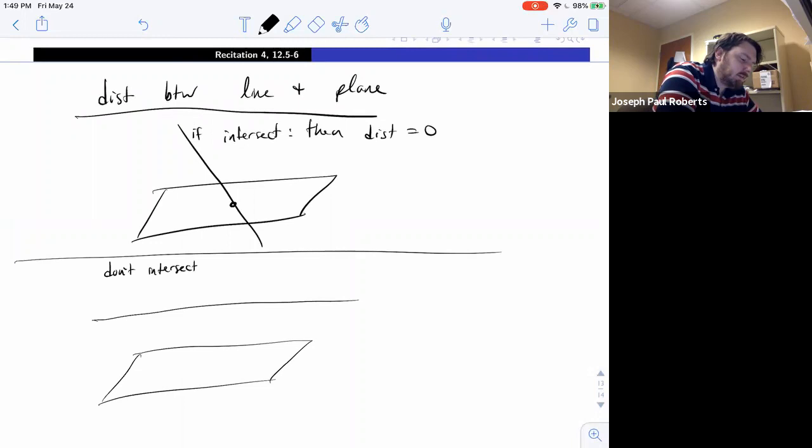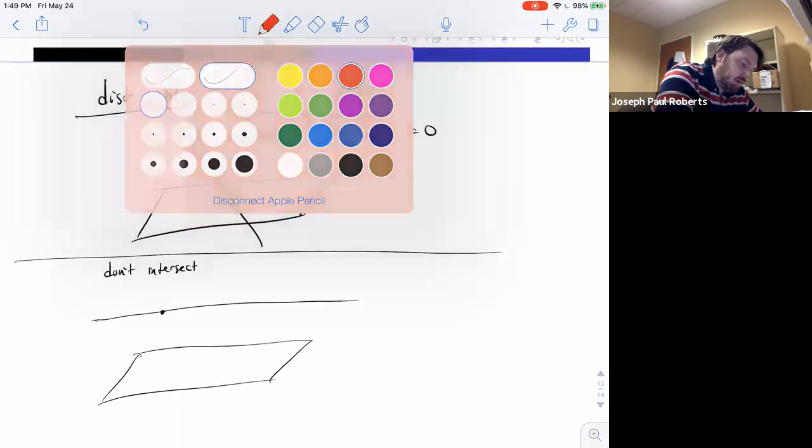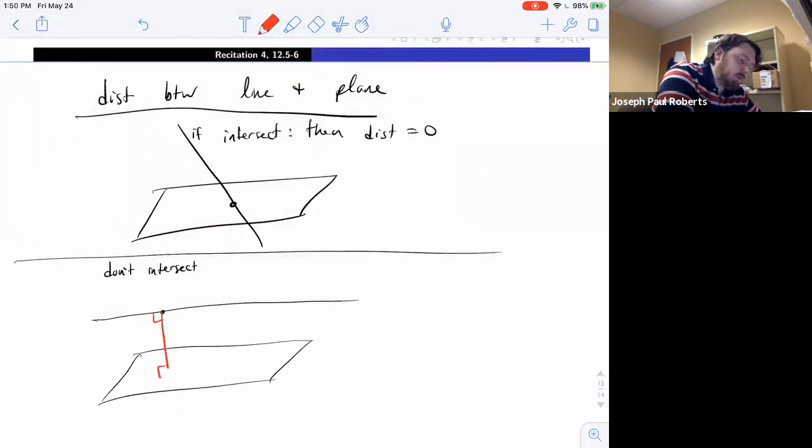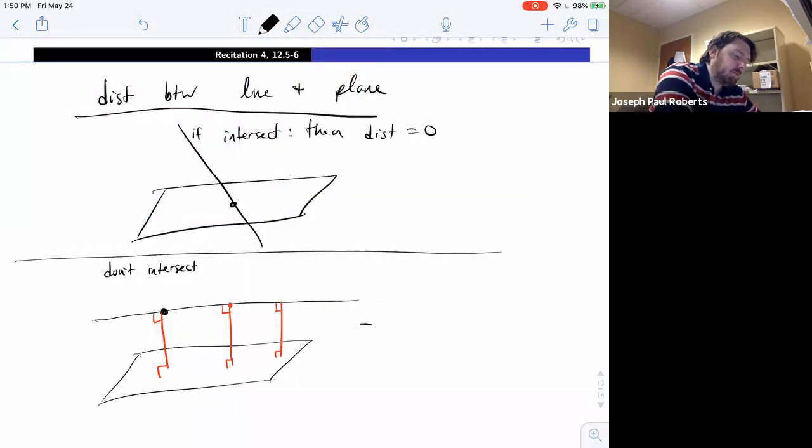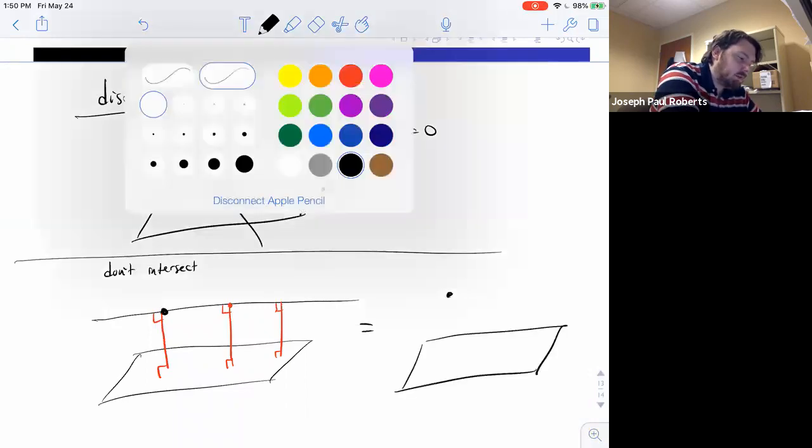In which case, it's the same story that we've seen before: you could pick any point on the line and throw it out.